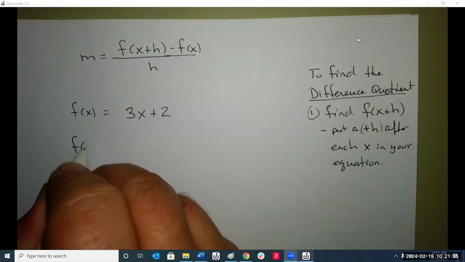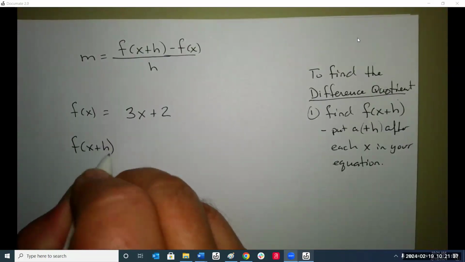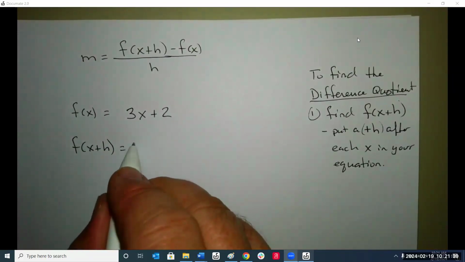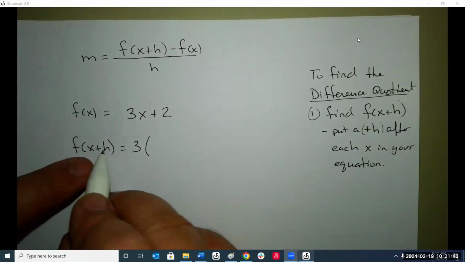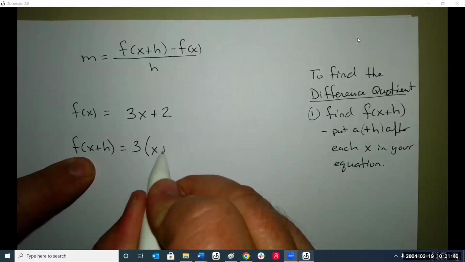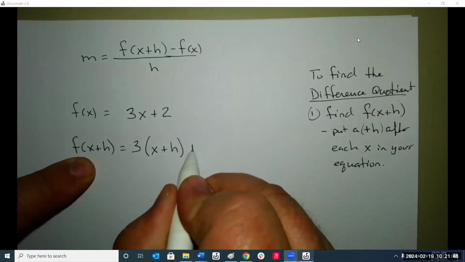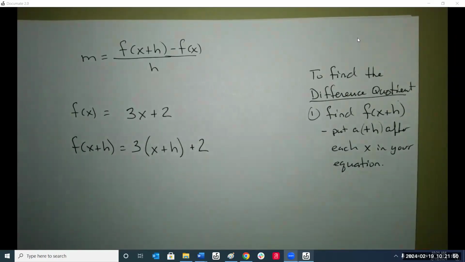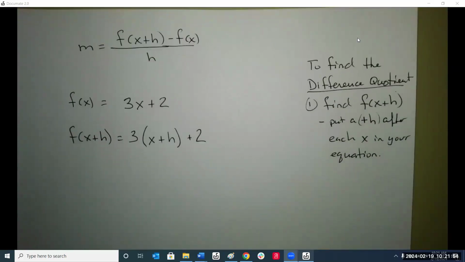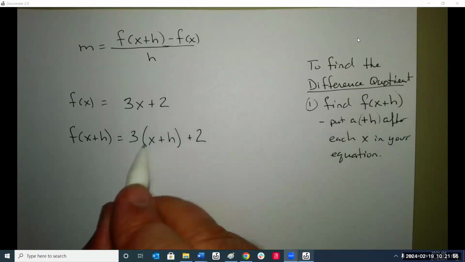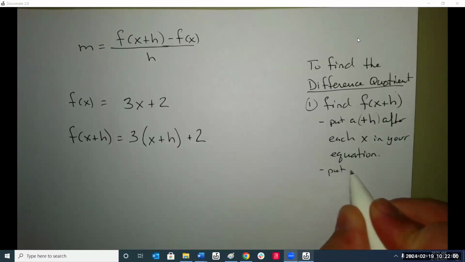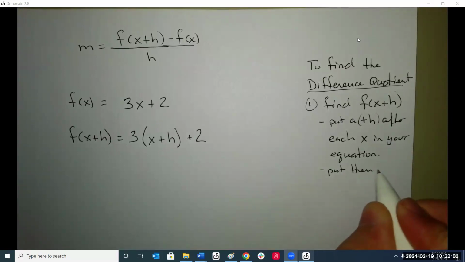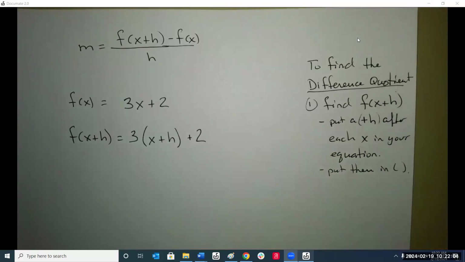So for f of x plus h, anywhere I see an x, I put a plus h behind it. Make sure you put them in parentheses.